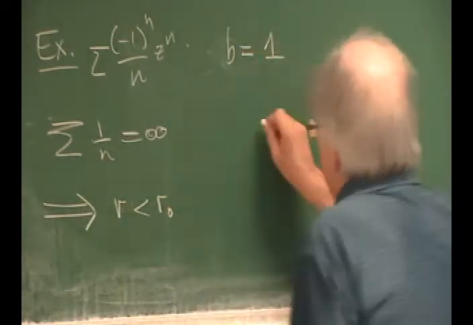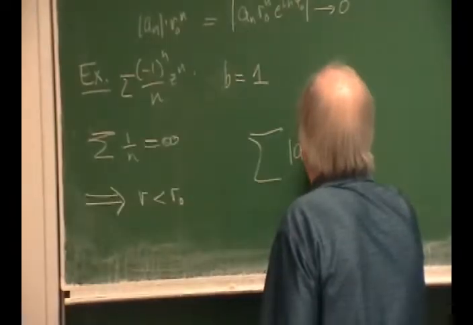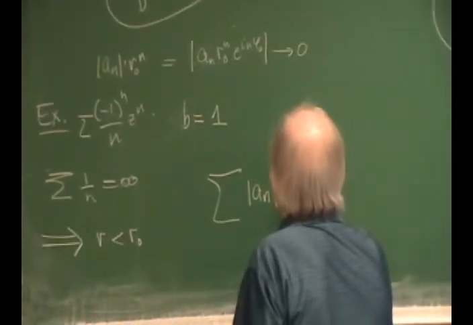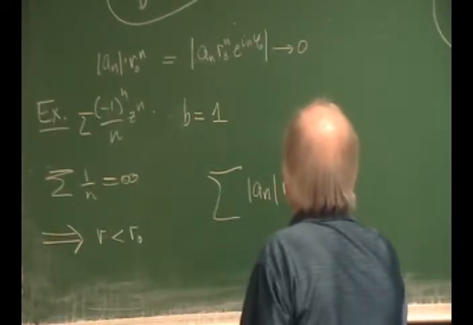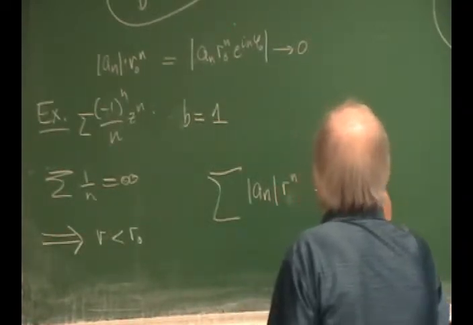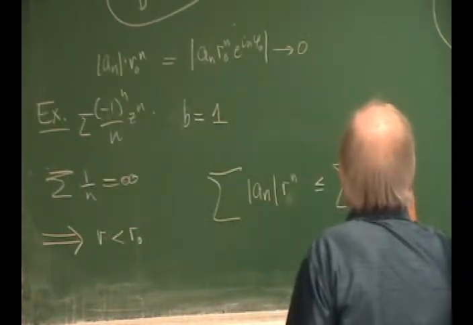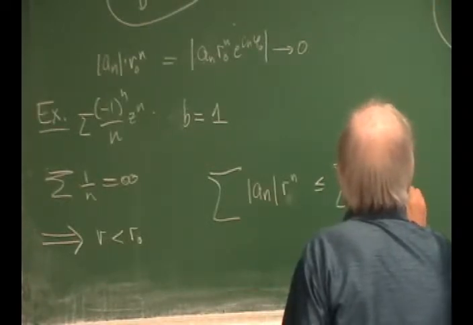The sum of absolute A_n r to the n is less than or equal to the sum of A_n r_0 to the n over r to the n.